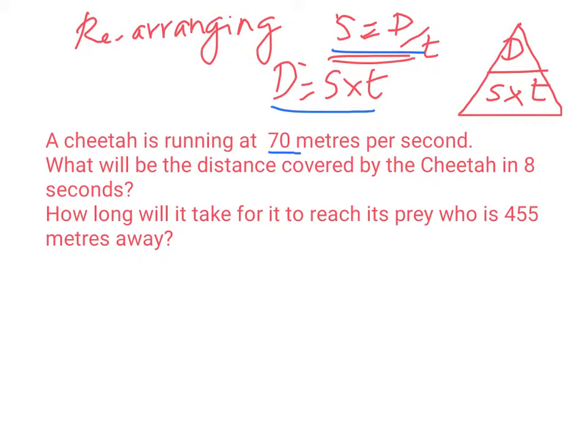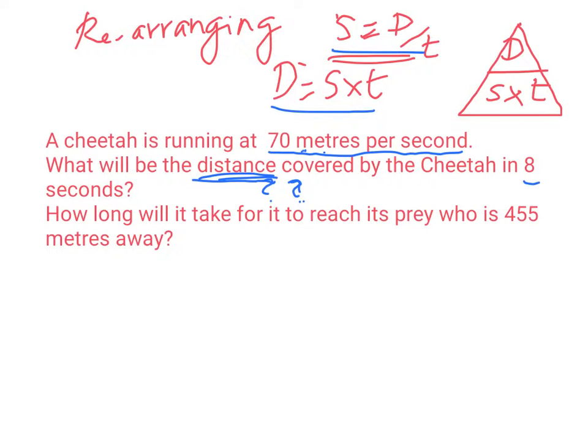Okay, so speed is given, the speed of the cheetah. Although the question does not say it's the speed, we should be able to recognize from the unit meters per second that it is a speed. Now, what will be the distance? So we have to work out the distance. It's useful to underline the important quantities mentioned and asked in the question paper. It's really useful to annotate your question like this.